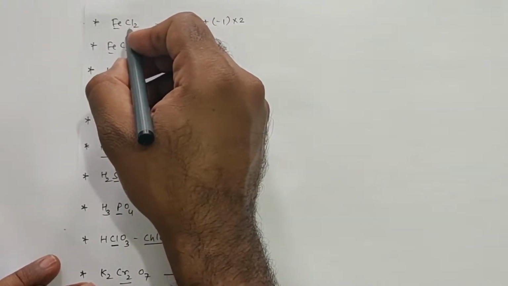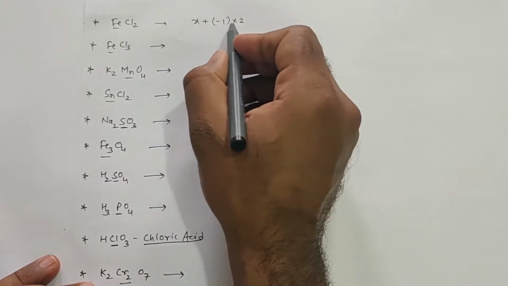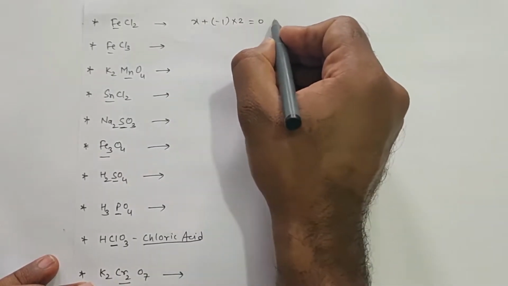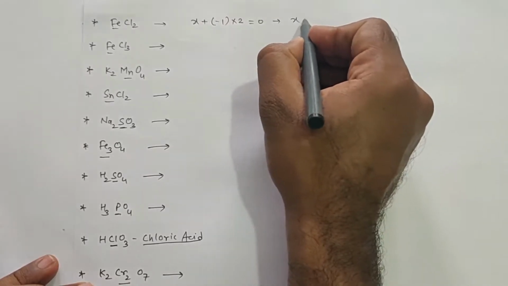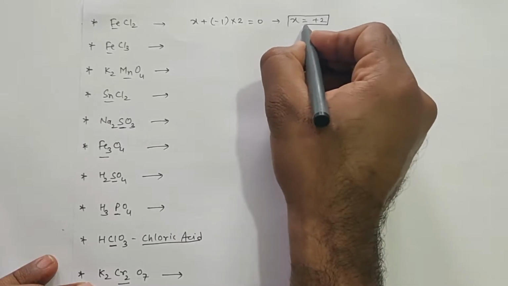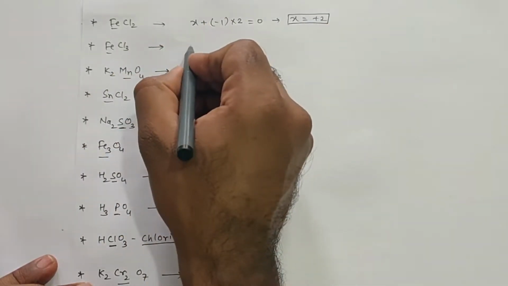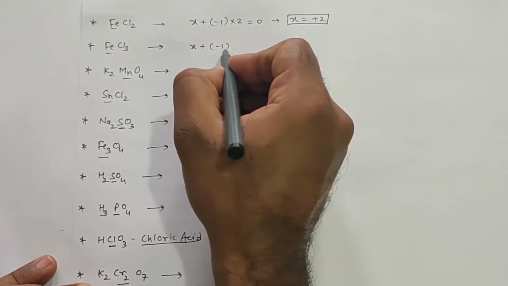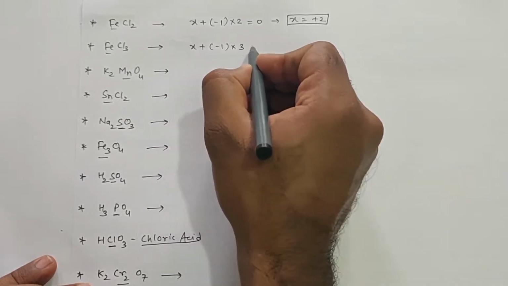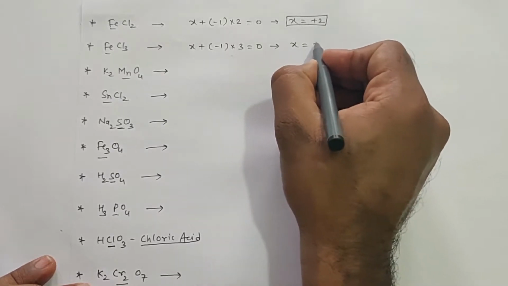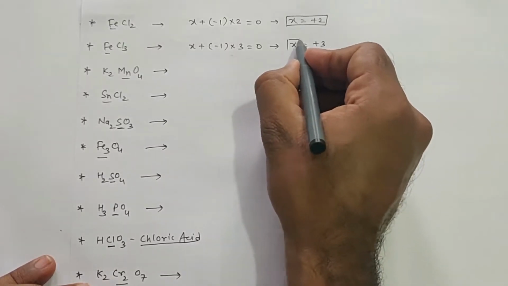FeCl2 being a neutral molecule, the sum of oxidation numbers of all the atoms present equals 0. Hence we will get x equals plus 2 oxidation number. FeCl3, x plus chlorine will show minus 1 oxidation state. There are total 3 chlorine atoms, sum equals 0. x equals plus 3.